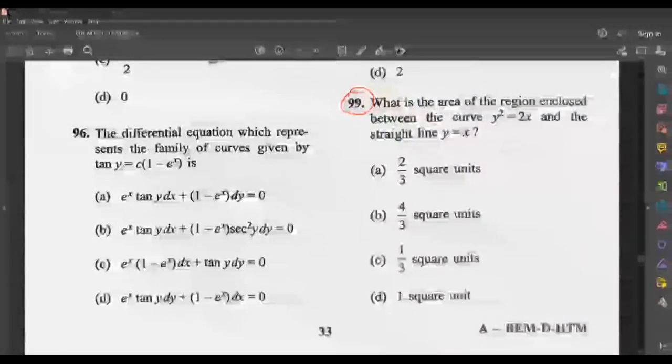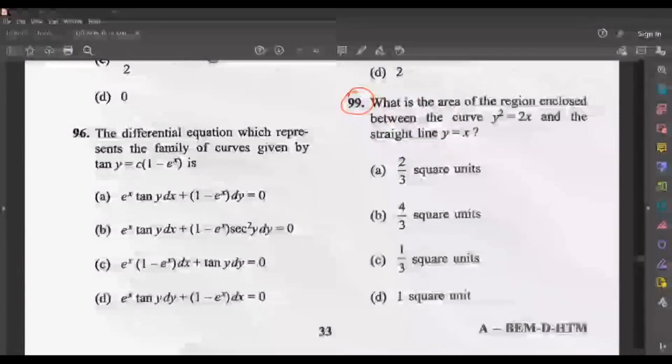Try drawing the figure and do. Okay, have you got the answer? If you get the answer, just comment it.